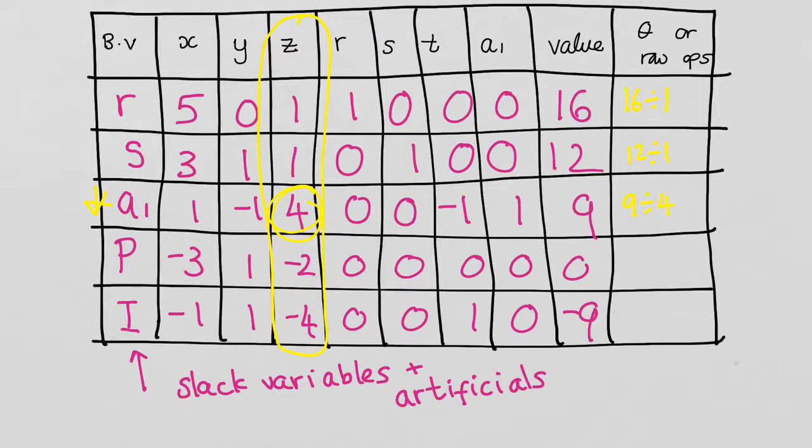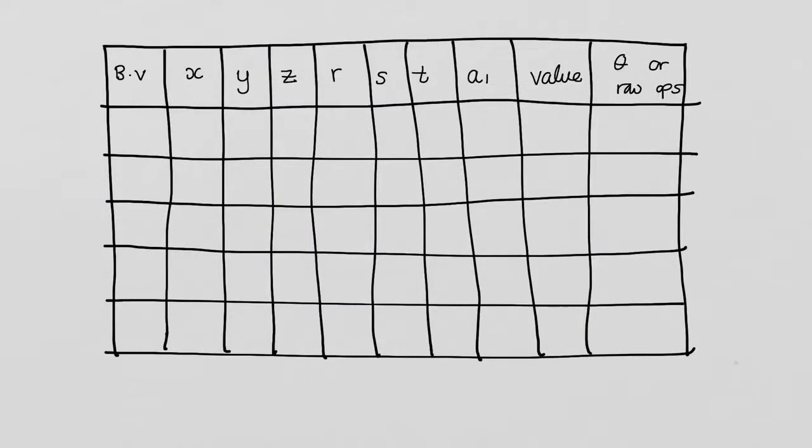Okay, so next page, I'm just going to pause it whilst I fill in all the basic variables ready. Okay, so we're going to take row 3 and divide it all by 4. Now I know you can't see the numbers from before, you're going to have to trust me with these, because I've got a copy of it up on my other computer.